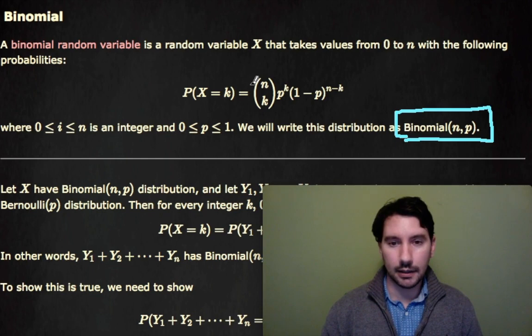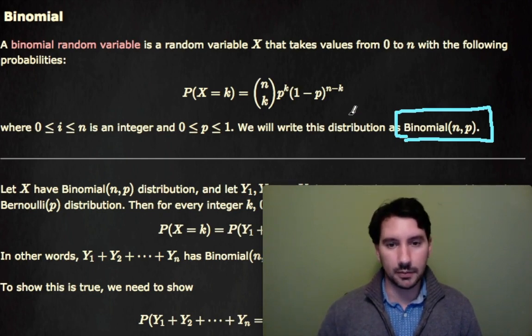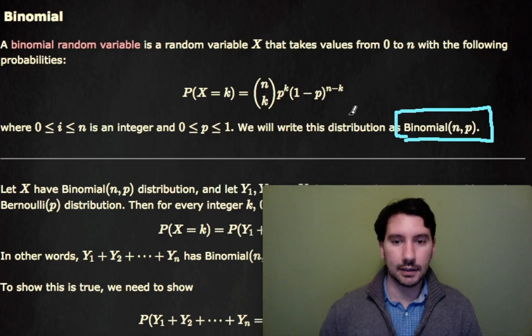So this is like running more than one experiment. For the Bernoulli, we have one experiment, and either it succeeds or it fails. For the binomial, we now have n experiments. And the probability that x equals k is the probability that exactly k of the experiments succeed, when the outcomes of all the experiments are independent of one another.